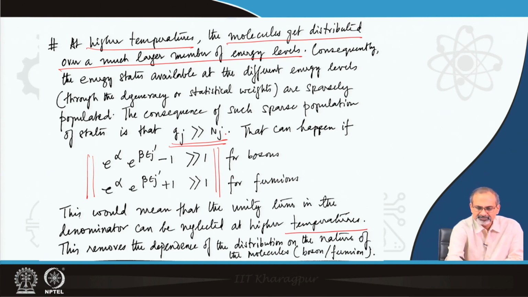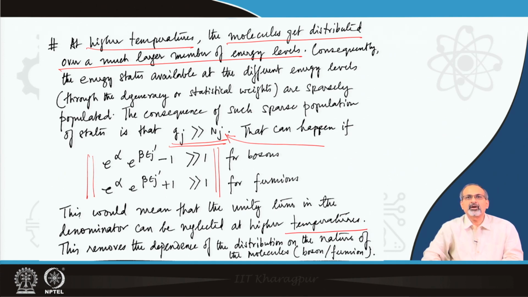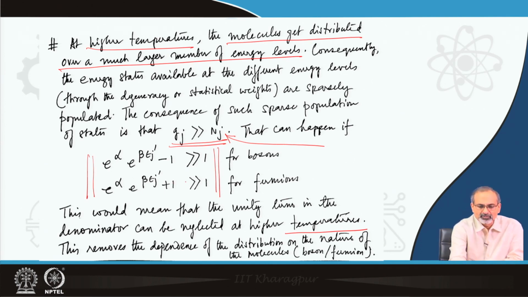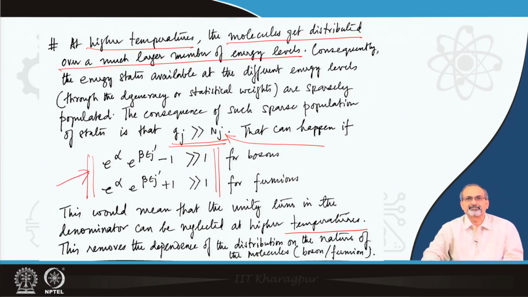It is because the degeneracy will come down significantly under such conditions with respect to the Nj, because most of the molecules are getting down into low energy levels and they are populating only a few of them, and therefore, the population becomes very large in each one of the states that they populate, and in such a situation you may not be able to fulfill this condition.